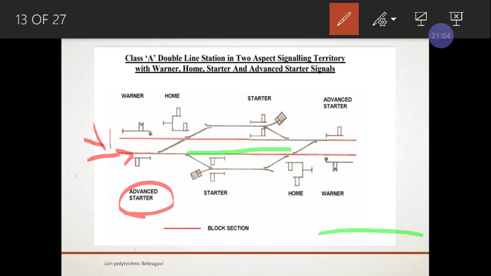It will tell them not to stop and to proceed further at high speed.